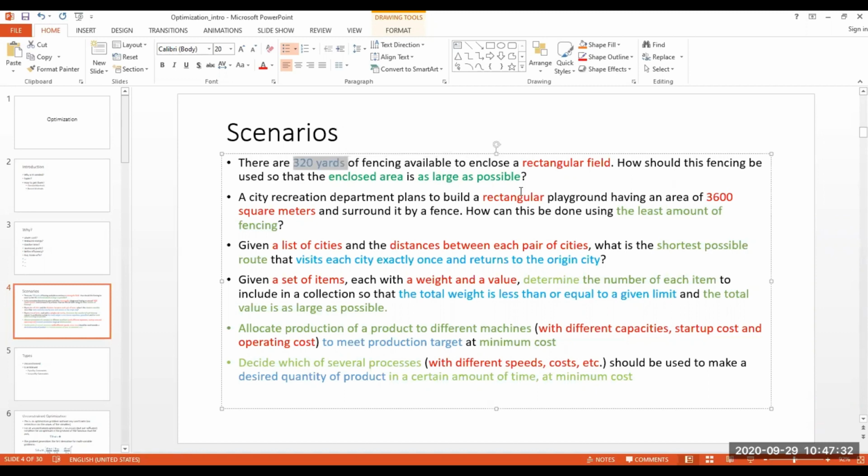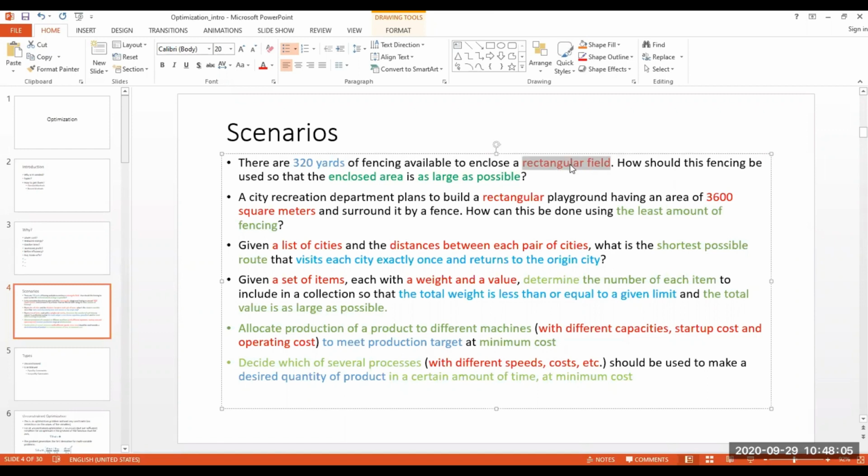What information does it give? It's the limitation of 320 yards. It is one sort of constraint. Yeah, you can say it is the periphery. So 320 yards is a constraint, and this is the periphery of a rectangle. You can cover this 320 yards periphery for this rectangular area.